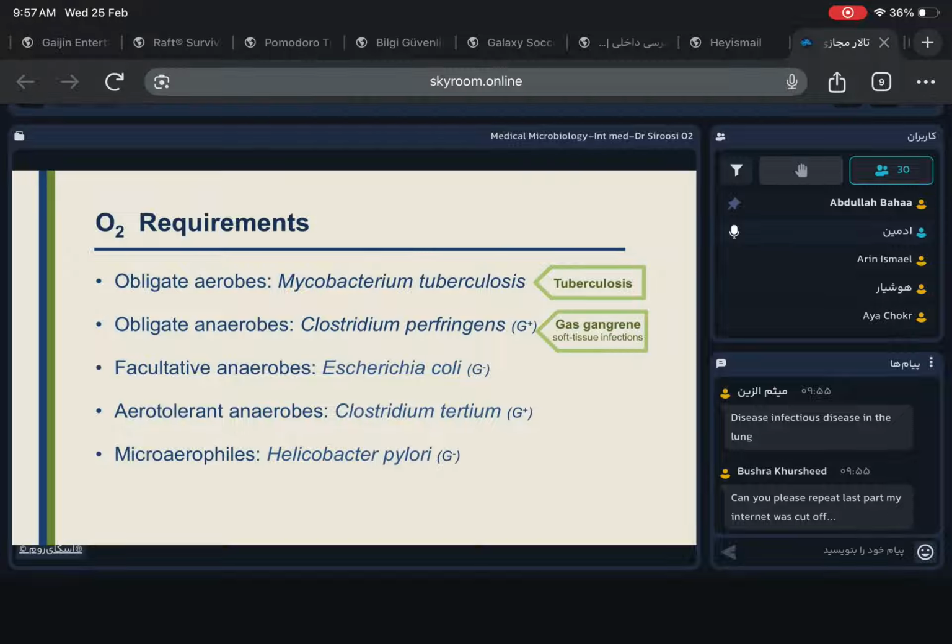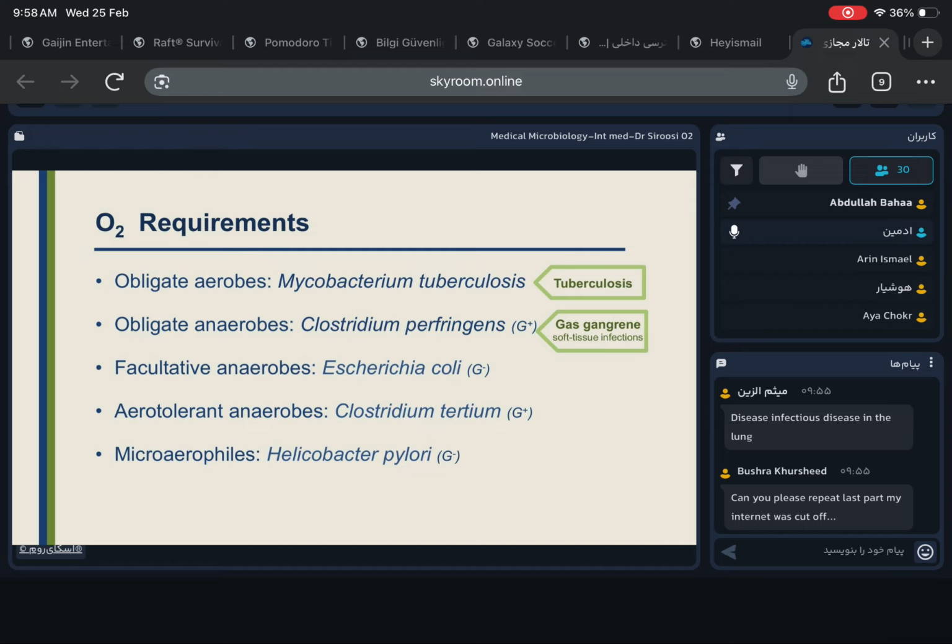So this bacterium is a Clostridium. I told you that the Bacillus and Clostridium genera are able to form spores. So it means that this bacterium, Clostridium perfringens, is also able to form spores. Sometimes the spores of this bacterium are present in the environment.